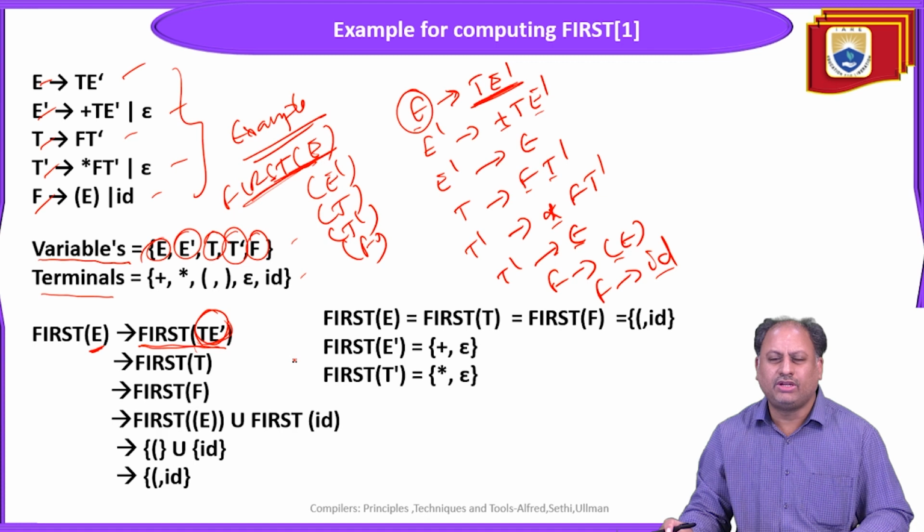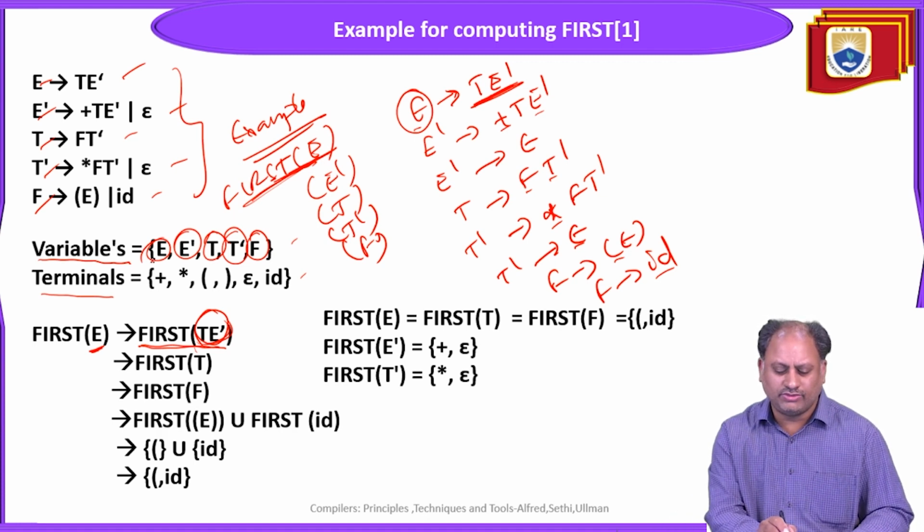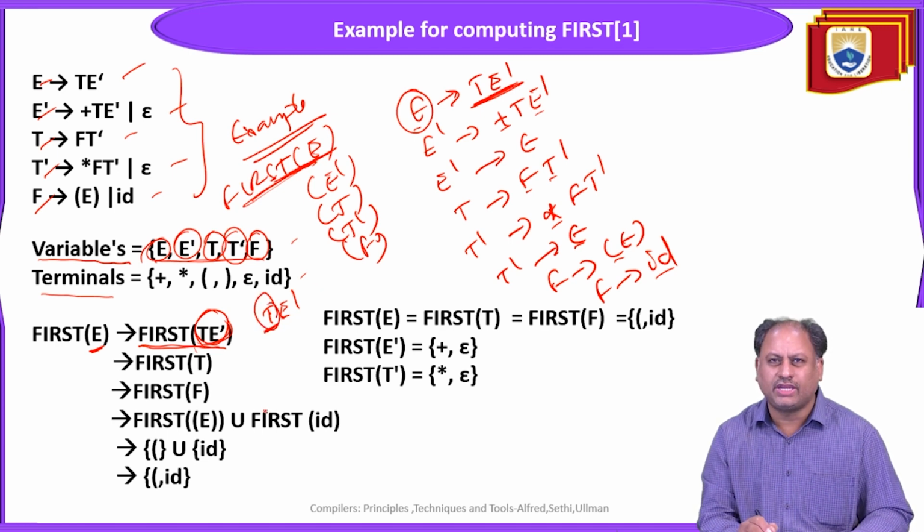Is it a terminal or non-terminal? We have listed these variables, so it comes under non-terminal only. Under this case, capital T E dash, once again we have to apply first of Y1, Y2, and so on. So once again we compute as per the second rule. The second rule applied, then we got first of T.